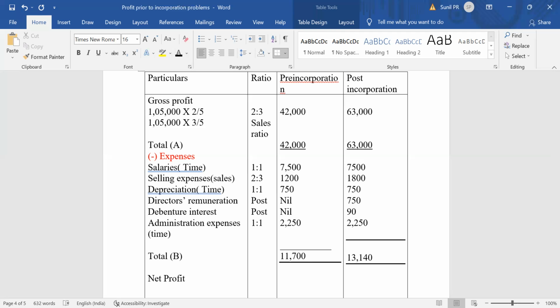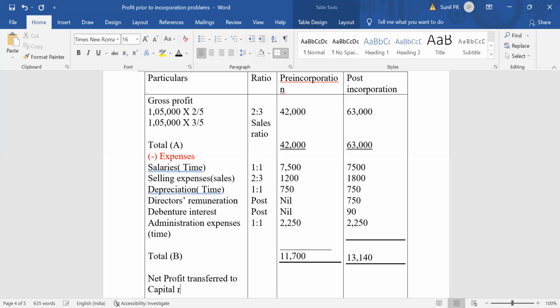Now net profit, you should always transfer. Net profit of pre-incorporation will go to capital reserve.